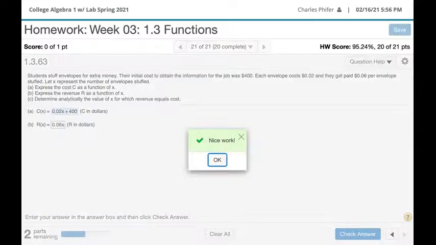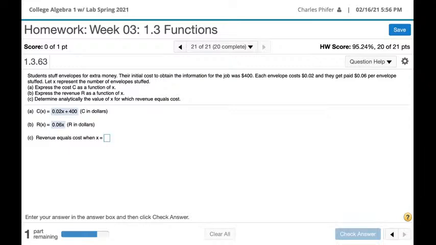So the revenue equals the cost. So when X equals, we should probably write that out. This is question 21, from section 1363, part C. So we want to set the revenue equal to the cost function.